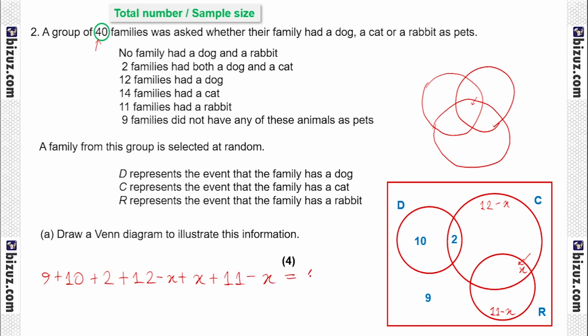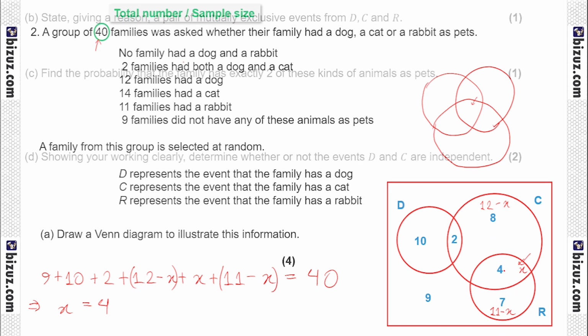This is going to be equal to 40. Now, let's put some brackets here. Now, we can solve for X here. It's a pretty simple algebraic equation, and that gives us X is equal to 4. So we are going to have a 4 here, and now we can fill these up pretty easily. 12 minus X, 12 minus 4 is 8, and 11 minus 4 is 7.